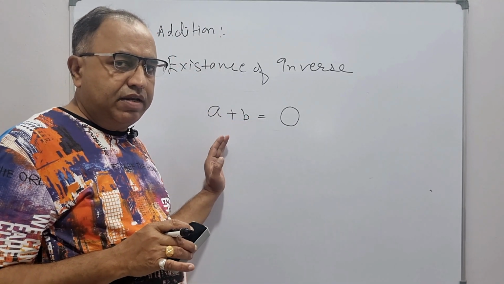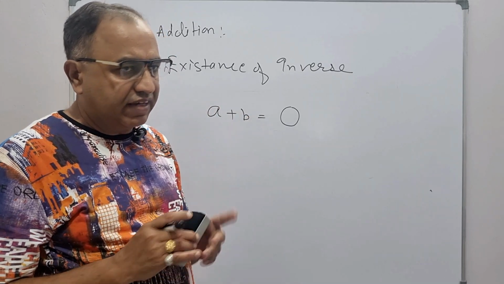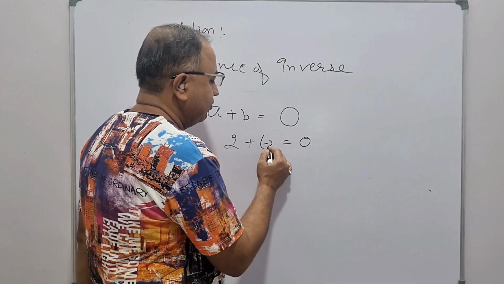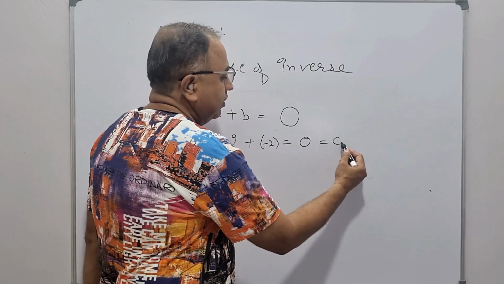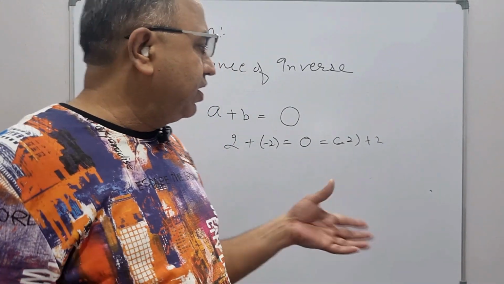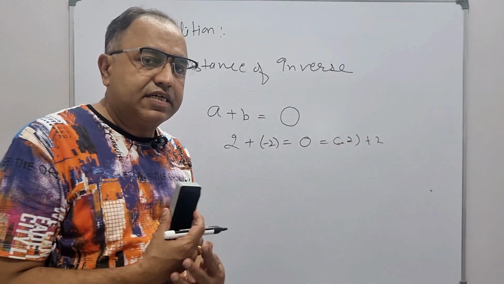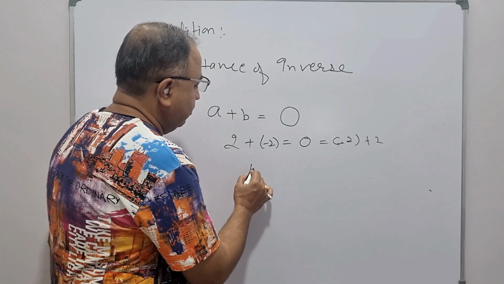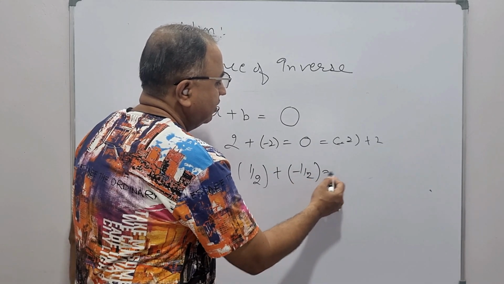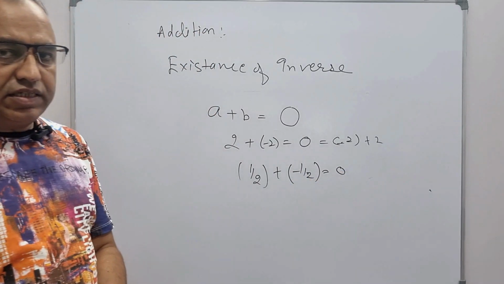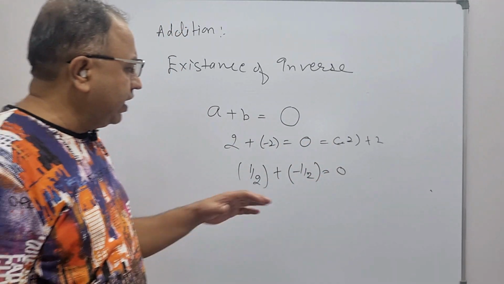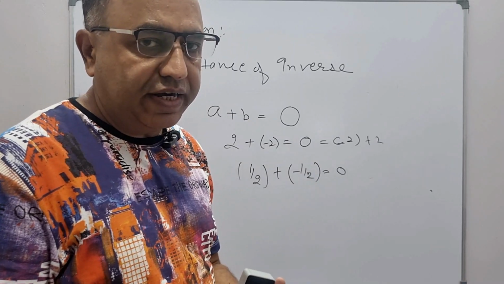For every element, the inverse is different. For example, what should we add to 2 to get the identity 0? It's minus 2, irrespective of the order. So 2 as well as minus 2 are both called additive inverses of each other. What should we add to 1 by 2? Minus 1 by 2, so that the result is the identity. So the identity is only one for the entire set corresponding to one operation, whereas the inverse is different for each different element.